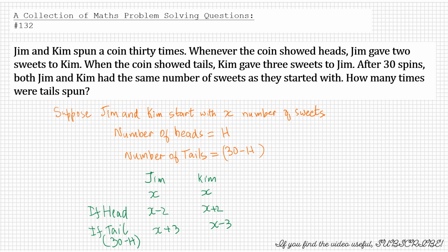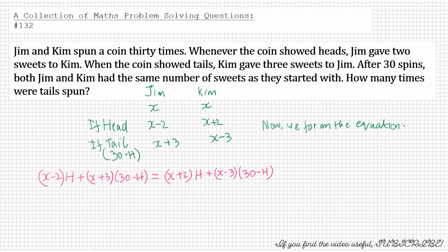So now it's time to form the equation. For Jim, X minus 2 times the number of heads gives the number of sweets if there is a head, and X plus 3 times the tails gives the number of sweets Jim would have if it was tails.